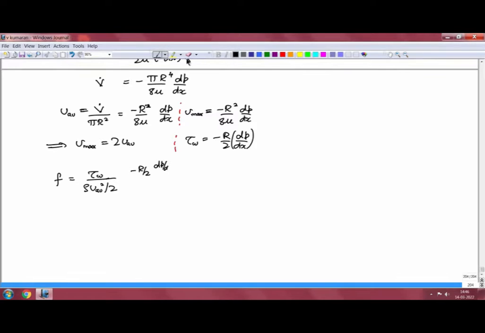I will just take the magnitude of dp by dx, so you get a positive quantity. Divided by rho V average by 2, into V average, which is equal to r square by 8 mu into dp by dx.